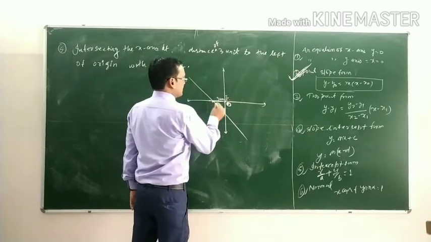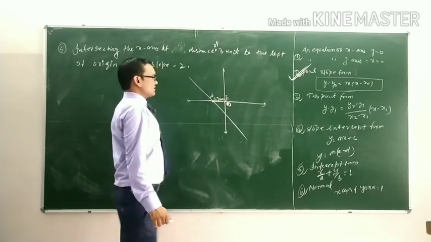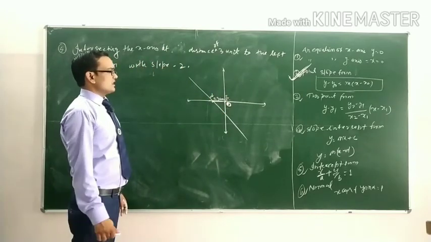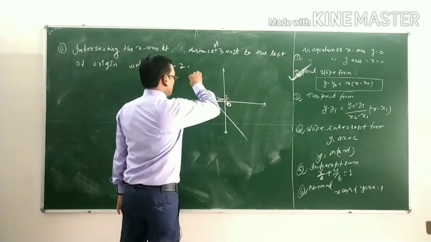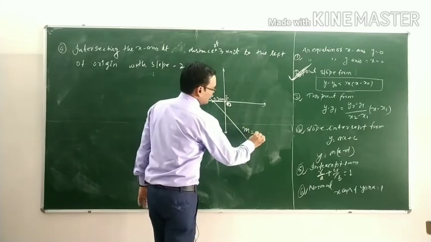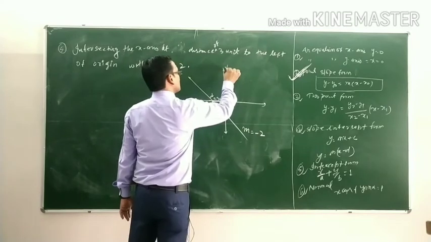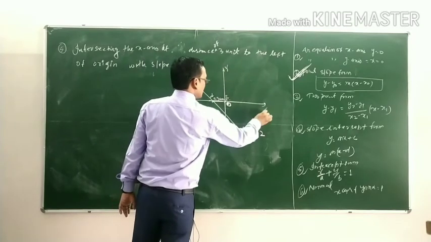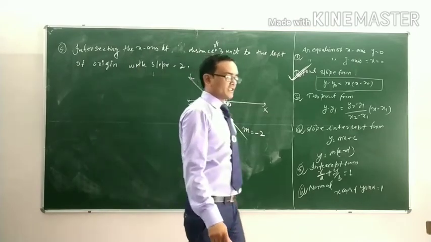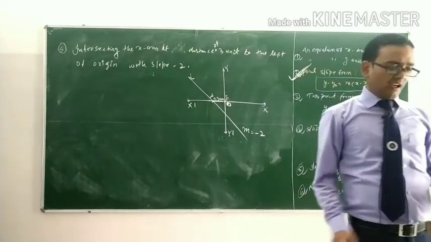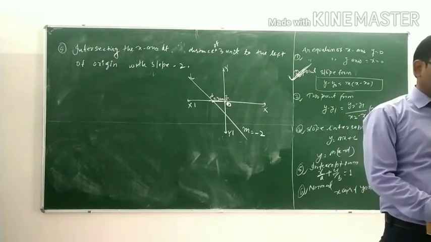Okay students, the intercept d here is 3 units and slope of the line is -2. Then we find the equation of straight line L.